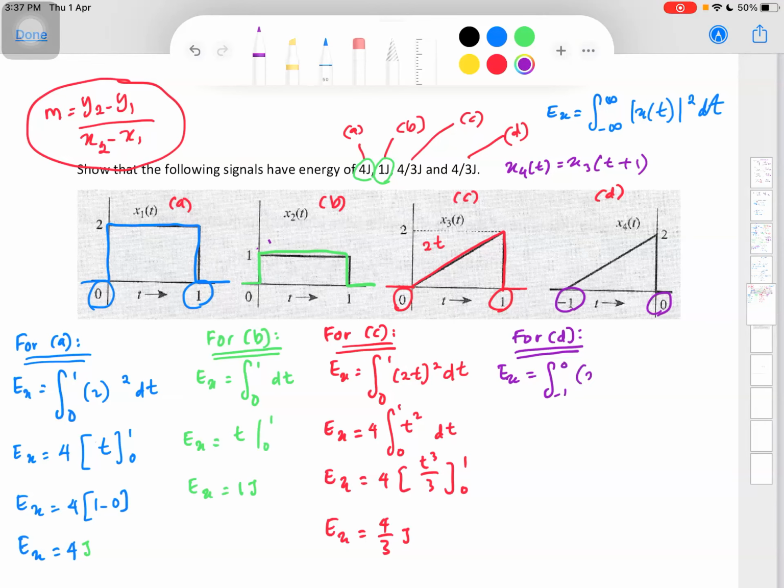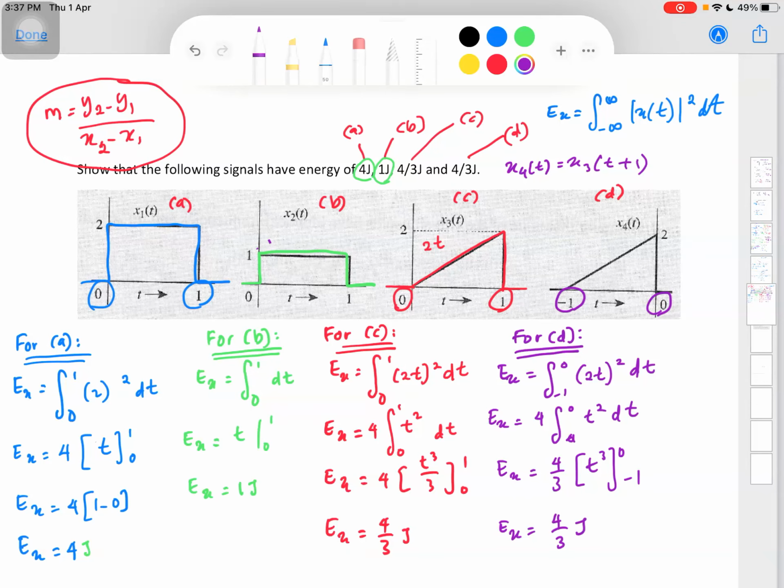The signal is the same, because the slope is the same. So Ex equals, again, the integral from -1 to 0 of t squared dt. If we solve, we will get 4 over 3 t cubed, from -1 to 0, and you will get 4 over 3 joule.